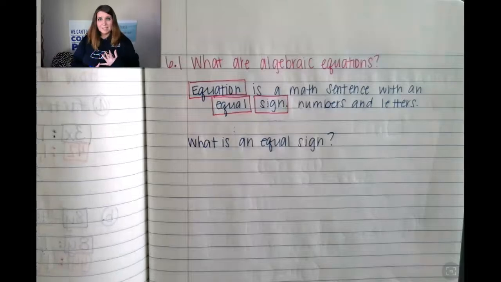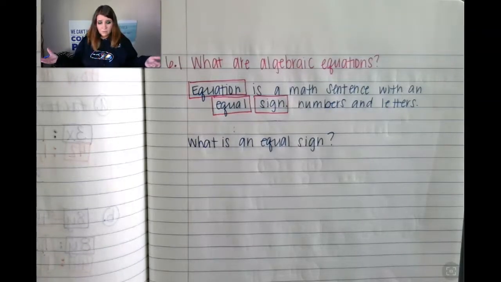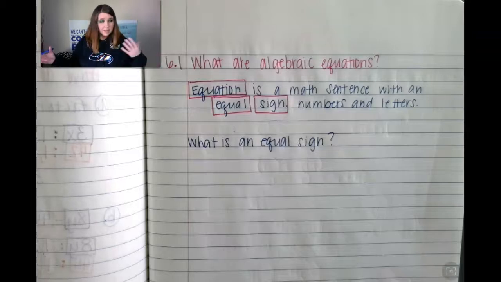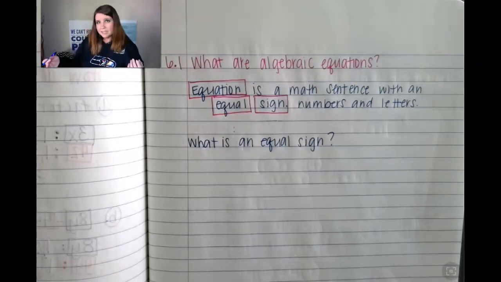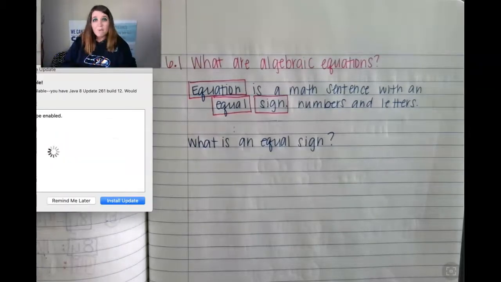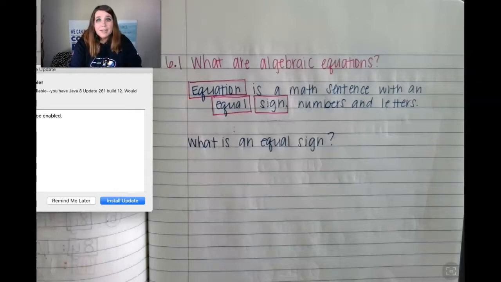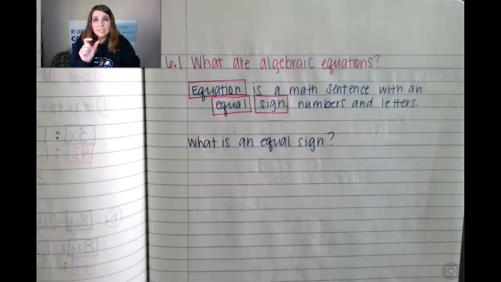It's the same as. It means that it's comparing this to that. It's saying that one math sentence is going to be the same as another math sentence. They're equal.